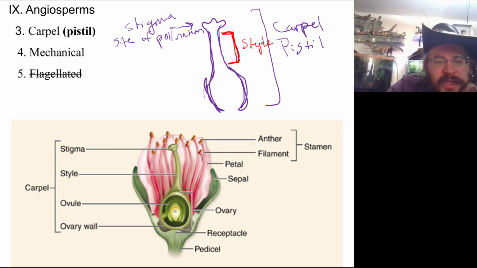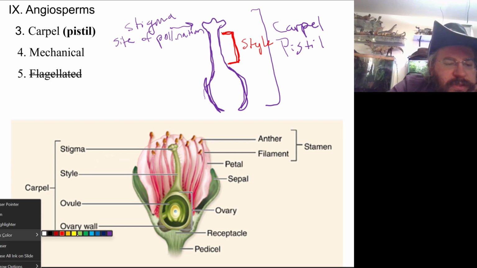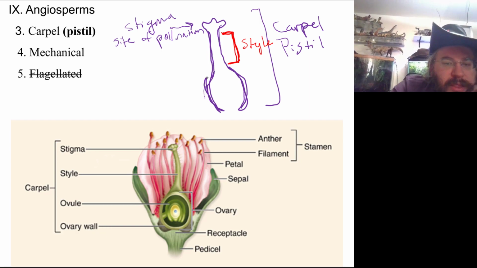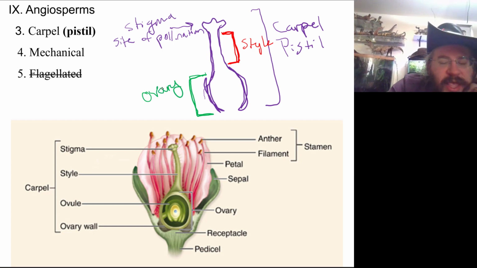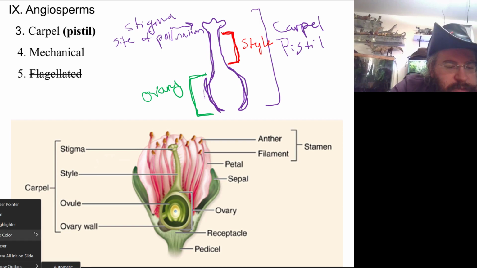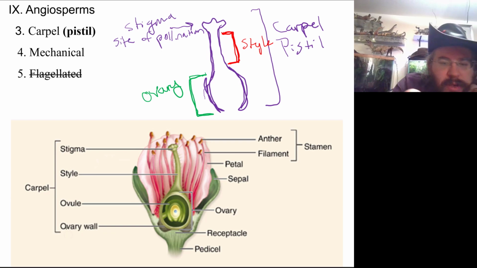So, stigma to style, and then we have the ovary, and then inside the ovary we have, this drawing simplifies it by doing a single ovule, so why not?